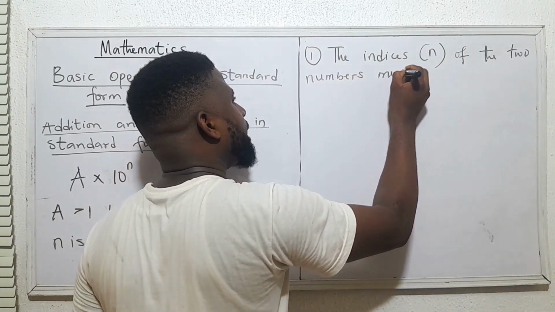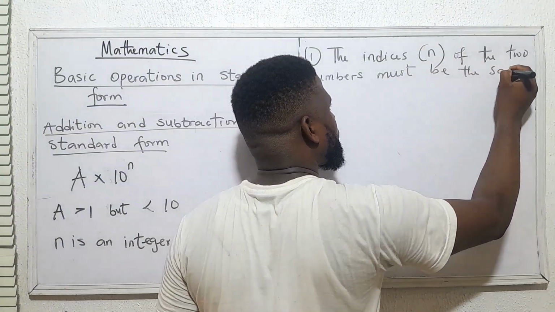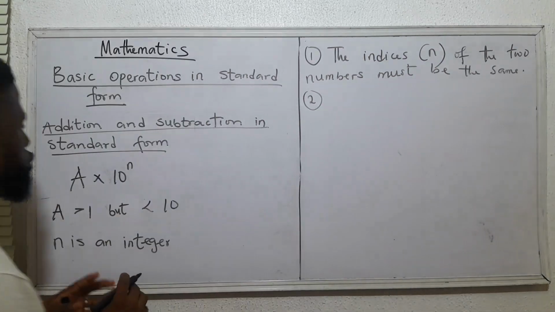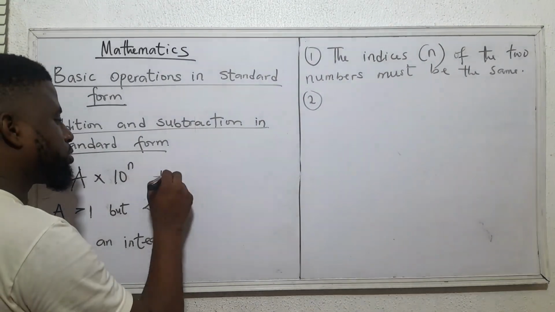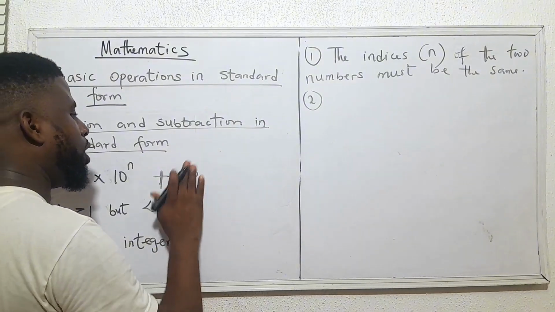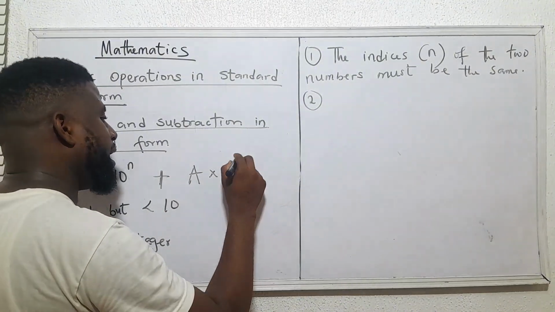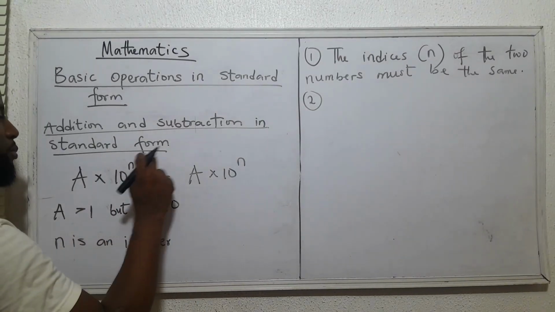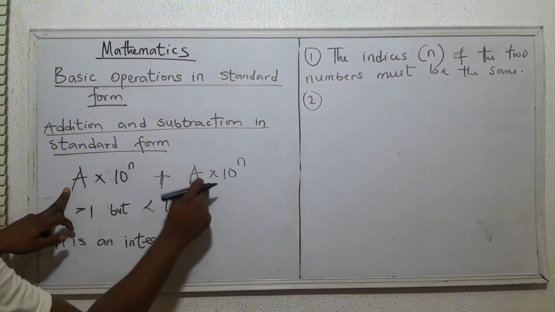And then number two, all we need to do is we have a times 10 raised to the power n plus, let's say, b or another a, times 10 raised to the power n, right? First is that their indices must be the same, and then we then add the what?